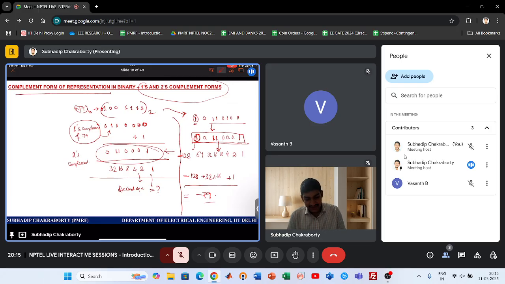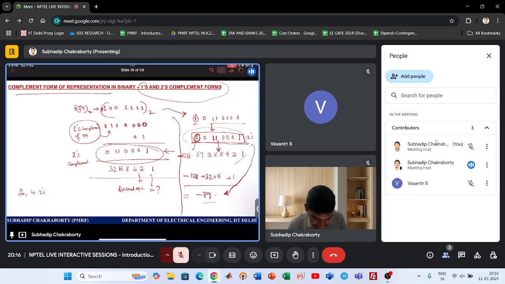So if I assign an additional bit in plus 79, which is 0 because the number is positive, and I try to find the 2's complement, then it inherently gives me the negative of that number. So in 2's complement representation, considering the signed bit, you inherently get what? Negative of that number, right?